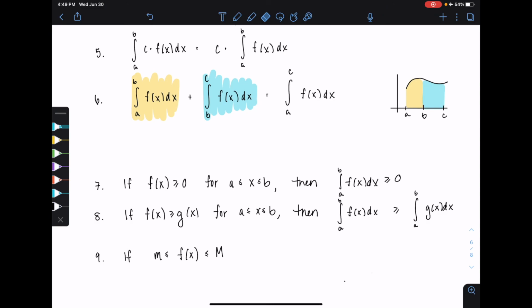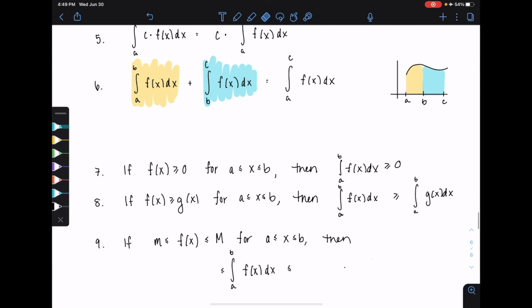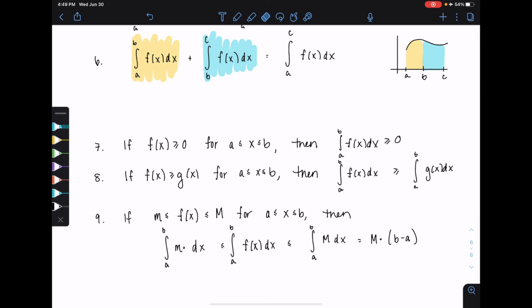If you know your function is trapped between two values, little m and capital M, over some interval, then kind of applying this exact same rule, your function's area is trapped between the area under each of those two other ones. But since those are both constant, it's equal to the constant times the length of the interval. So you'll know exactly what your area is trapped between.